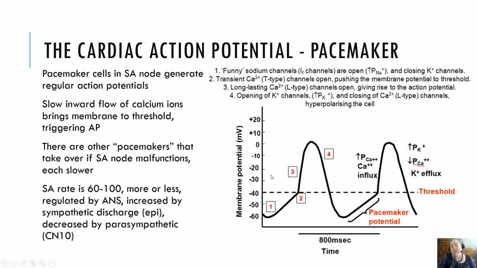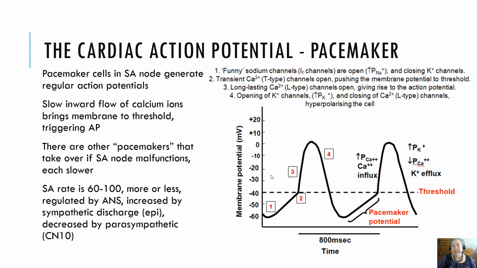There are times when the sinoatrial node is unable to function and other pacemakers pick up, but each at a slower rate. So if the sinoatrial node isn't functioning, perhaps the AV node takes over, and that rate would be maybe 40 to 60, maybe even a little slower, maybe 30 to 50.